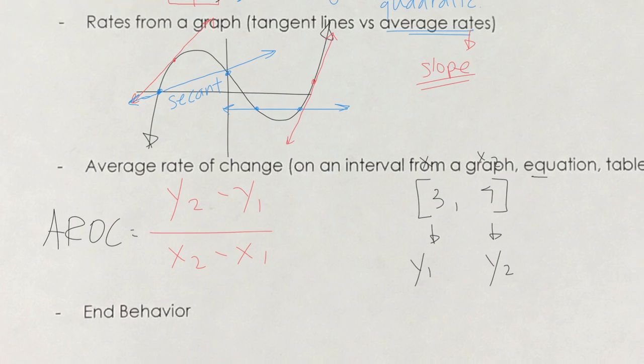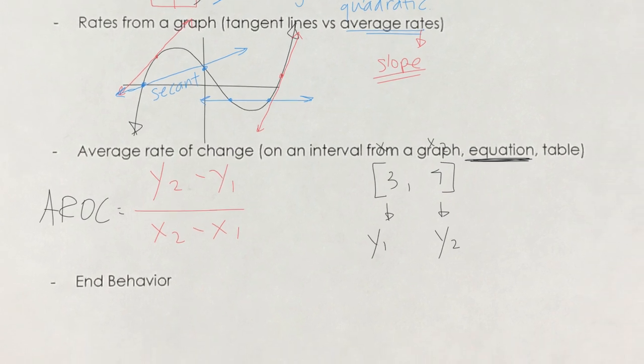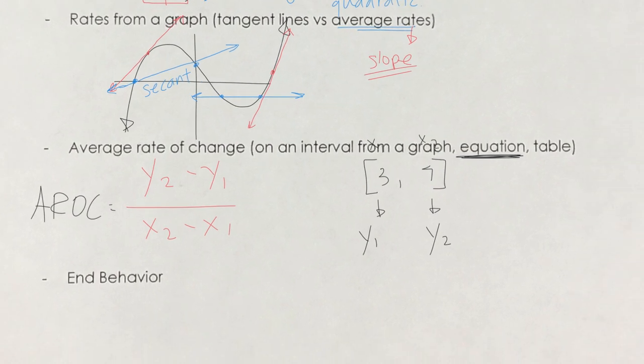If you're given an equation, if you have a graph, then you just match up what is the y value that goes with that corresponding x. Same thing from a table. What is the y that matches up with your x? Okay, it's when you have an equation that you have to do the most work, because you have to calculate your y2 and your y1 before you plug it into your equation.